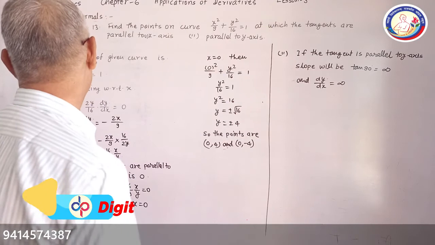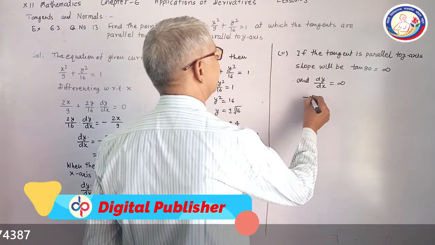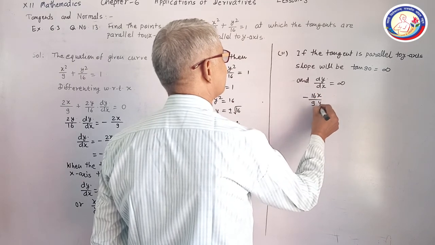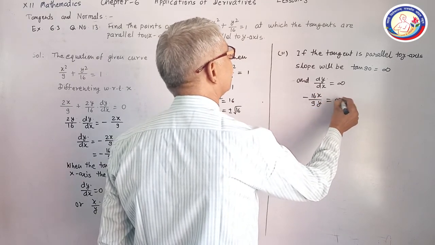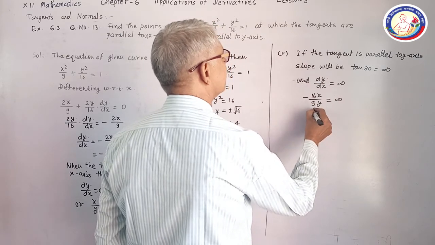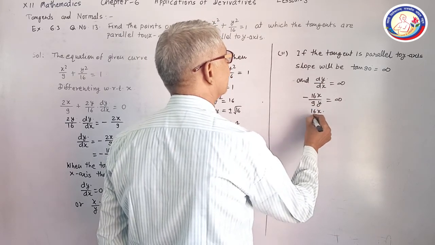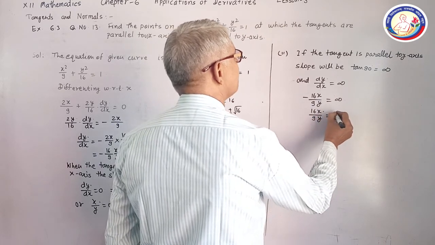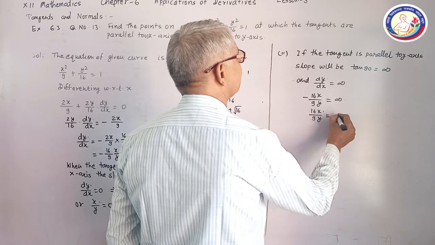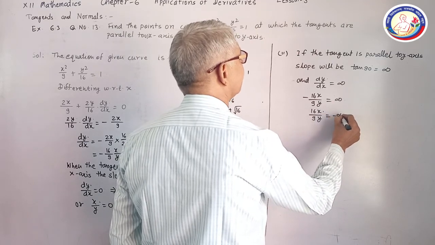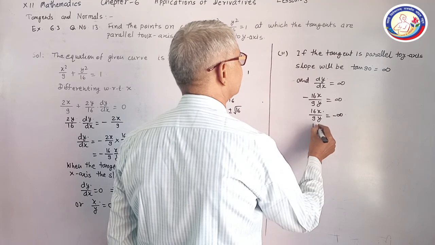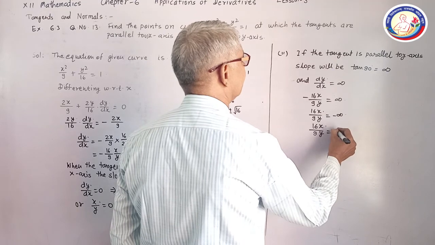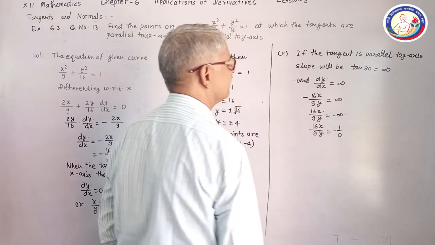Put here the value of derivative, that is minus 16x upon 9y equal to infinite, or 16x upon 9y equal to minus infinite, or it will be equal to minus 1 upon 0.